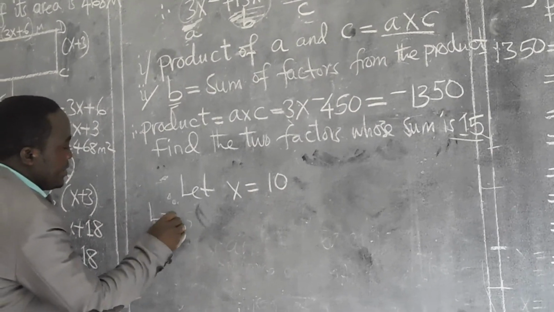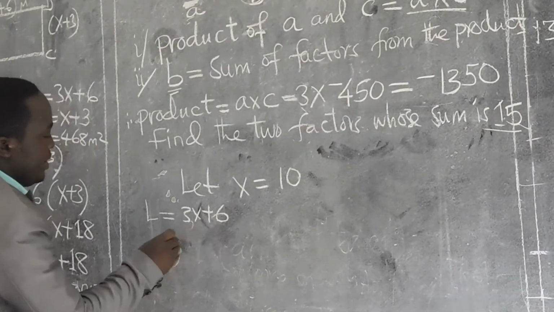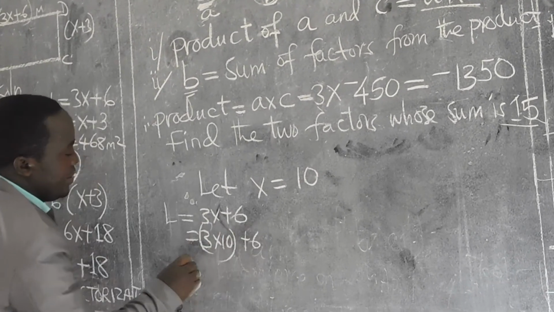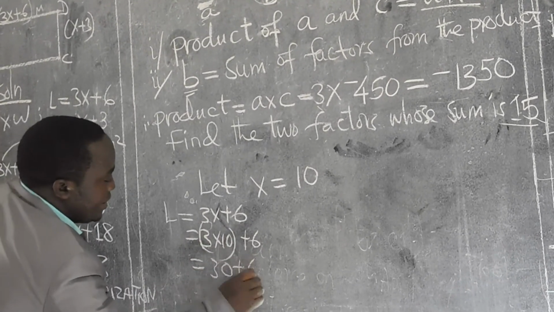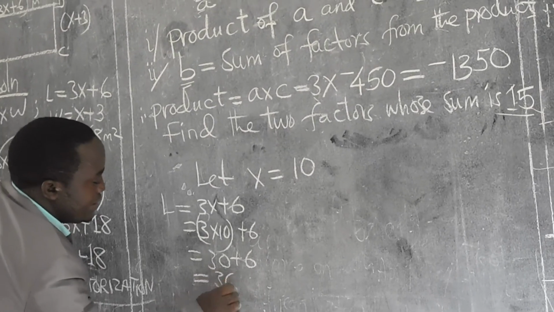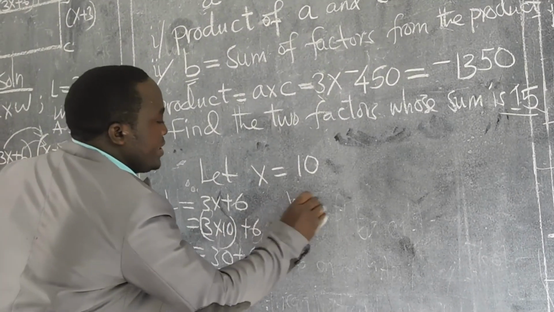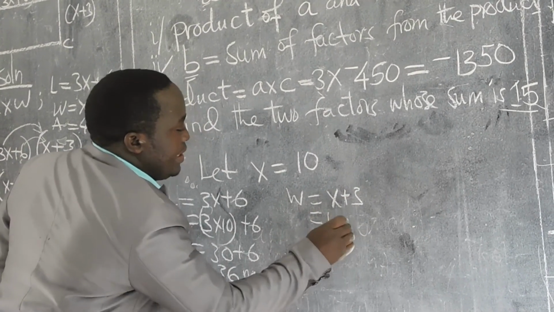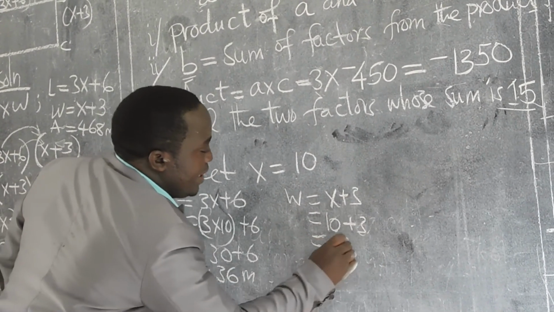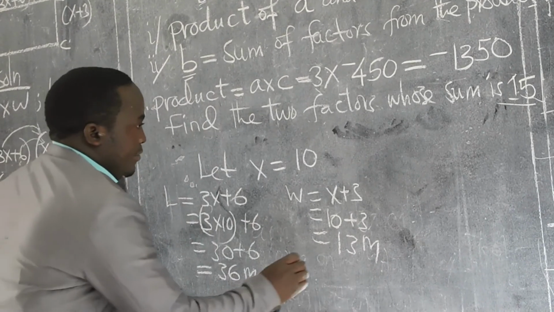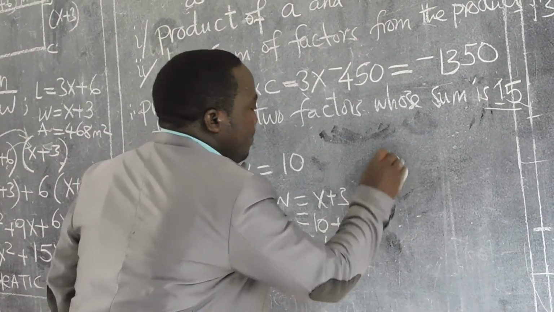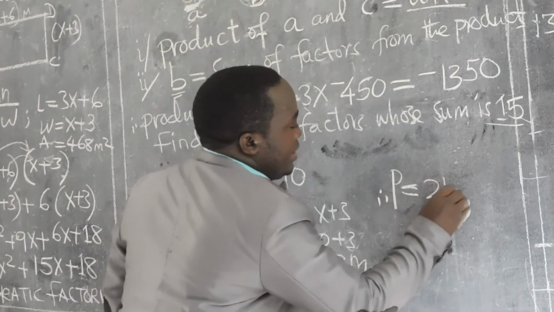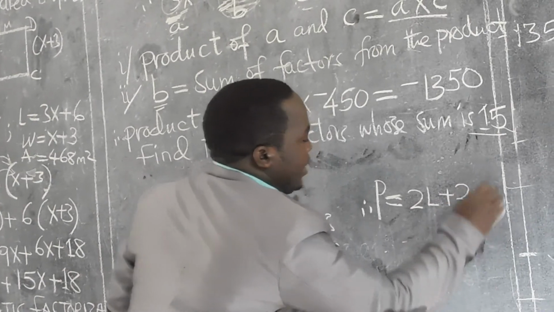The length is equal to 3x plus 6. Then it will be 3 times 10 plus 6. We get 30 plus 6, which is equal to 36 meters. While the width is equal to x plus 3, we take x is equal to 10 plus 3, we get 13 meters. Therefore, we can now perform the perimeter of the rectangle, which is equal to 2 lengths plus 2 widths.